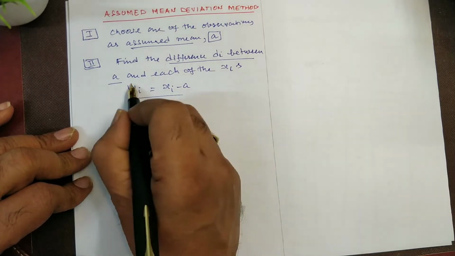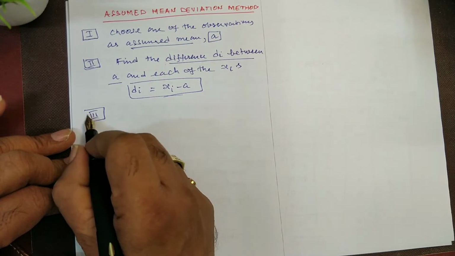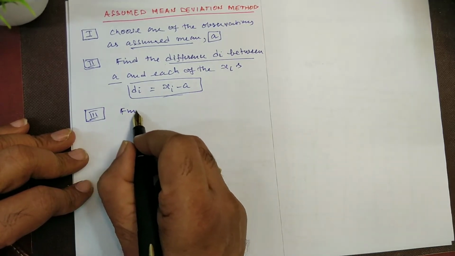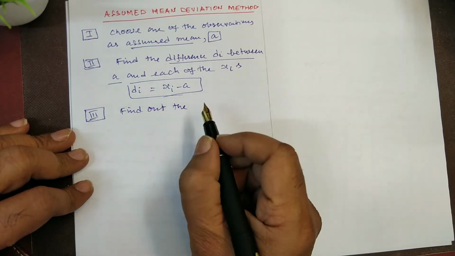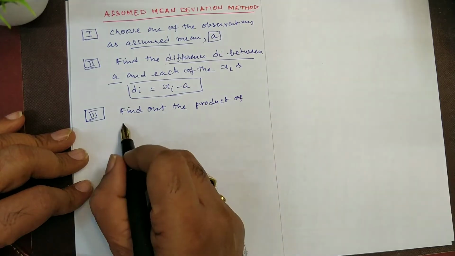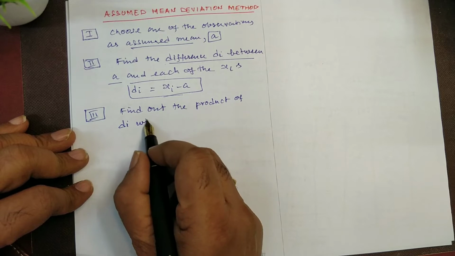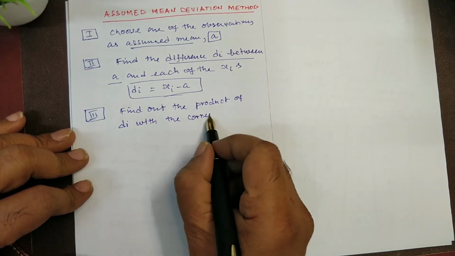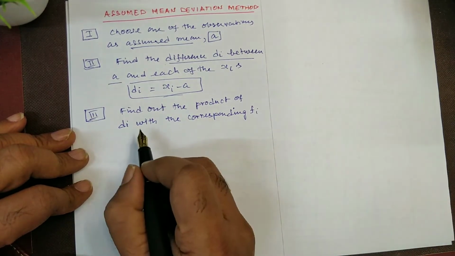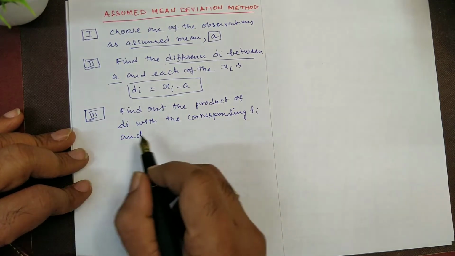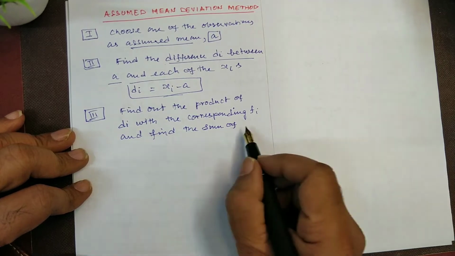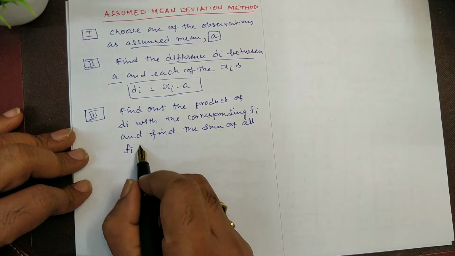Third step, you have to find out the product of di with the corresponding fi, and we have to find out the sum of all fi di.